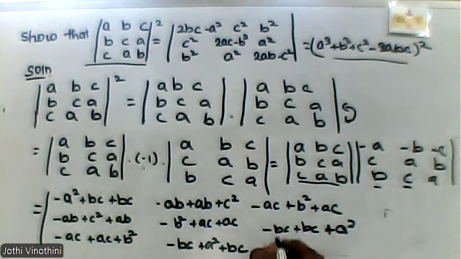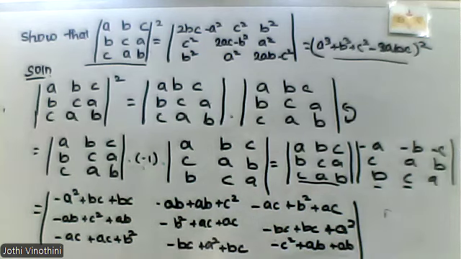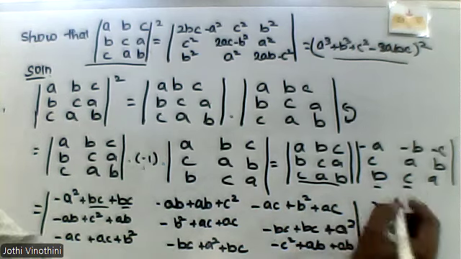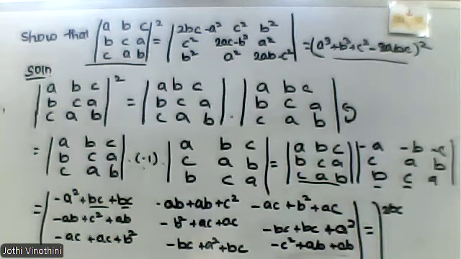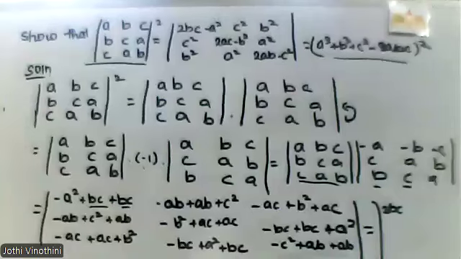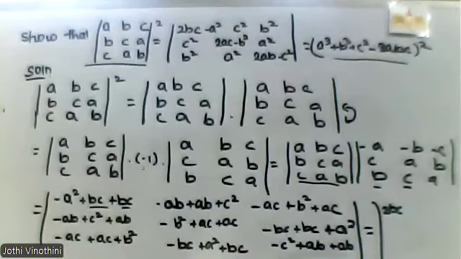So now we can simplify this. For the first term we have BC, BC, so 2BC. I will write it now. I will give you 1 minute so you can copy this and we will move to the next step.